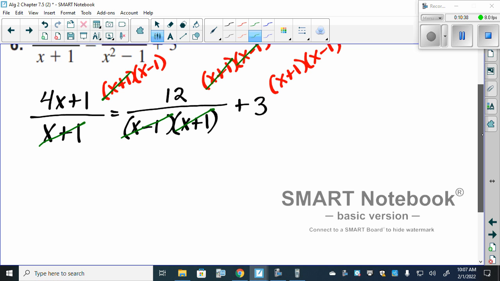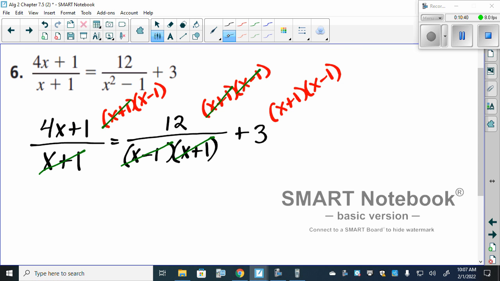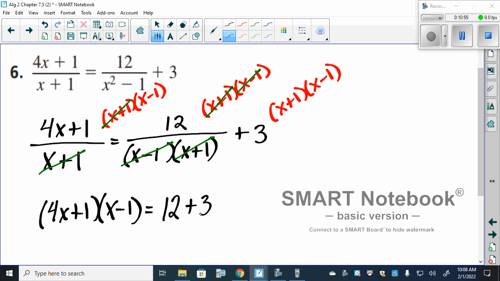So let's write out what we have left. In the first place, we have 4x plus 1 times x minus 1 is equal to 12 plus 3 times what? x plus 1 and x minus 1.